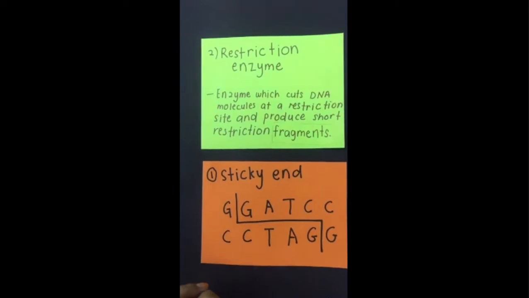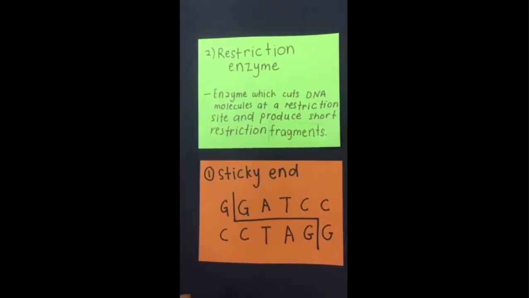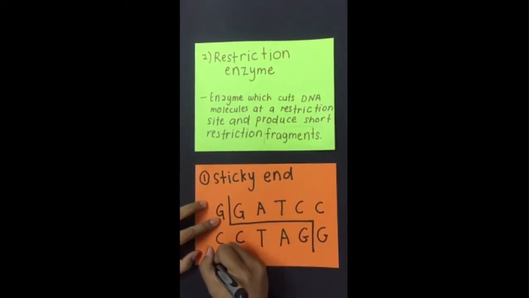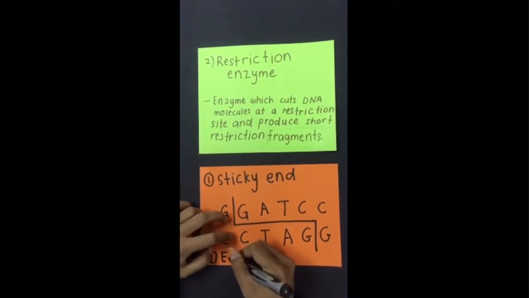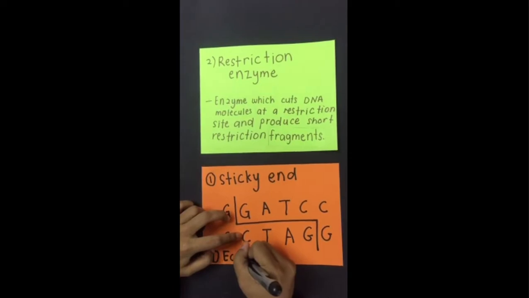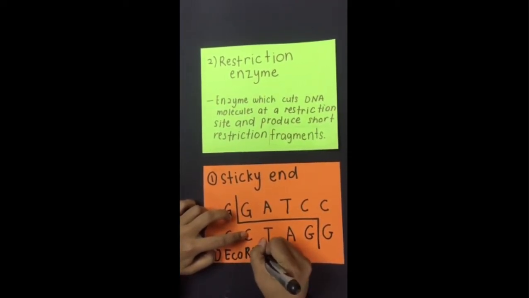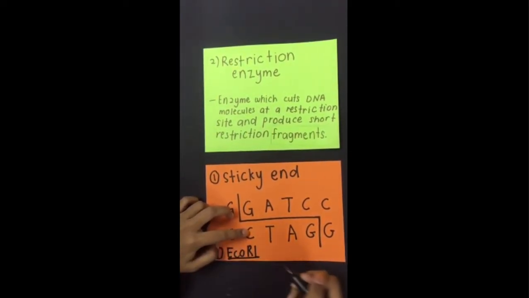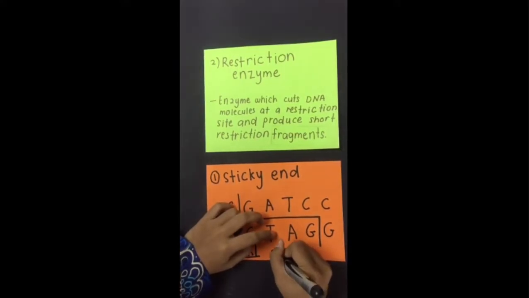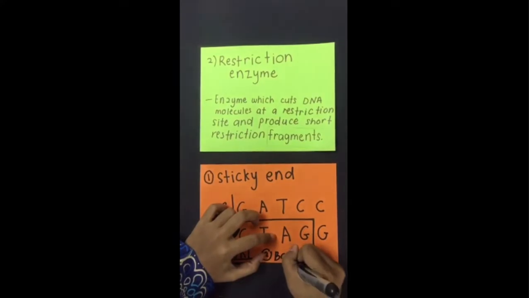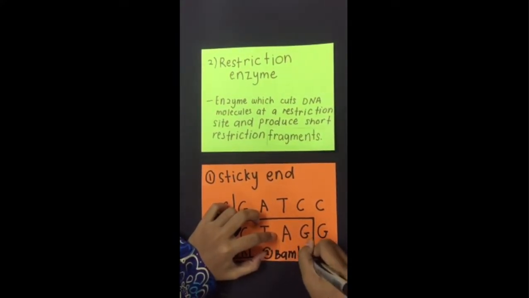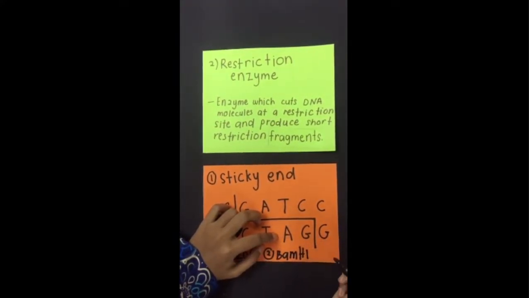The examples of restriction enzyme for sticky end are first EcoR1, and the second one is H1.